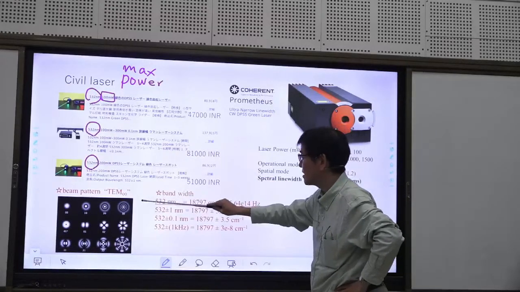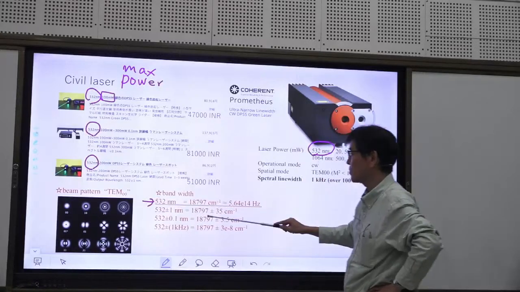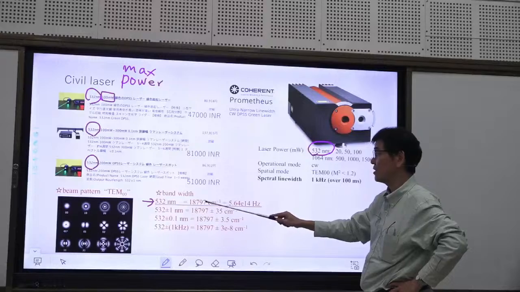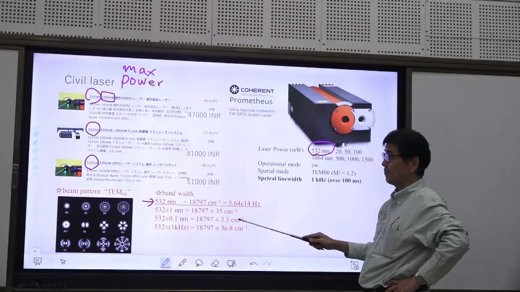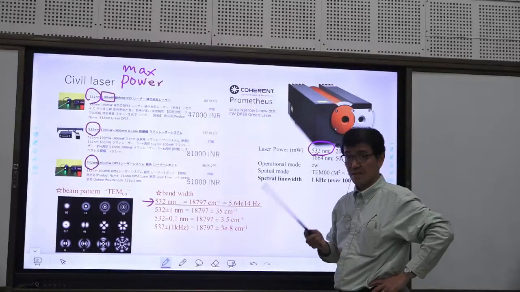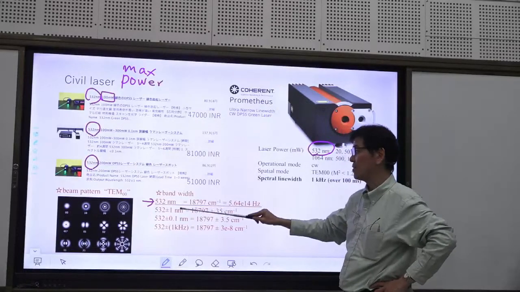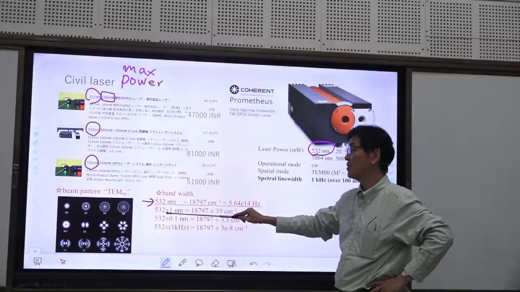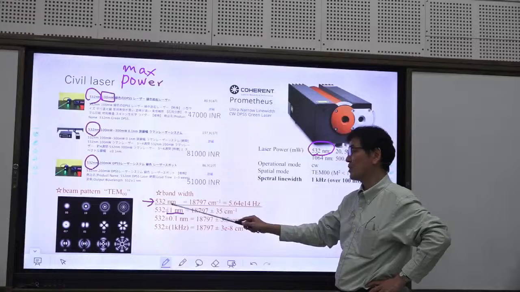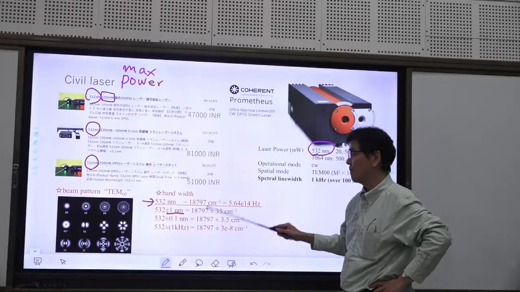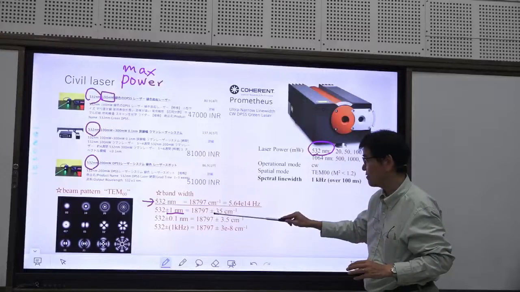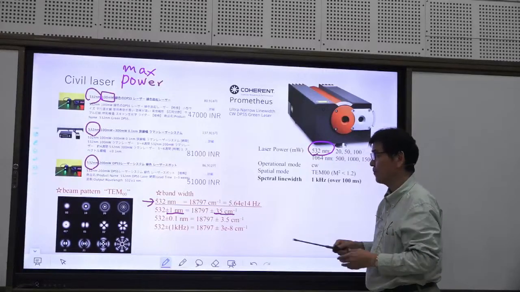So 532 nanometer corresponds to 18,797 wave number. If you purchase the laser having the width of 1 nanometer, 532 plus minus 1 nanometer, it means the energy bandwidth is 35 wave number.